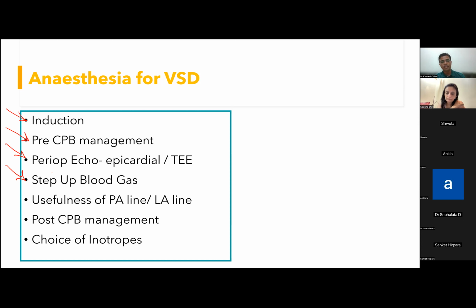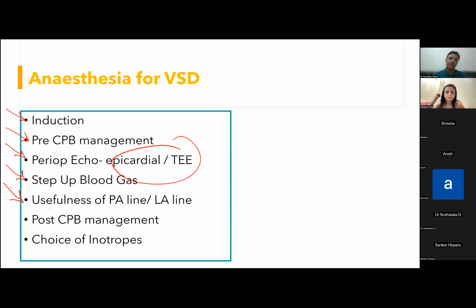But if there is a defect or residual defect at the ventricular level, oxygenated LV blood mixes with deoxygenated RV blood and increases the saturation. So if the step up is more than 6% between RA and PA blood, that suggests a significant residual VSD, and one has to check with echocardiography and again go on bypass and do the needful.